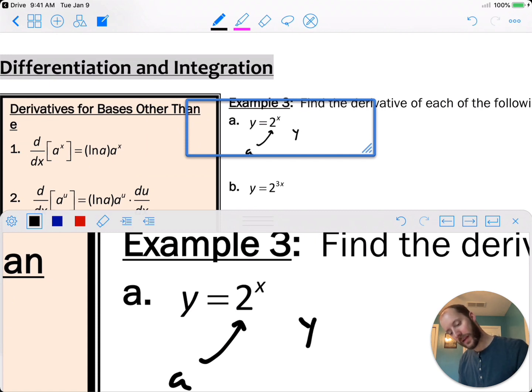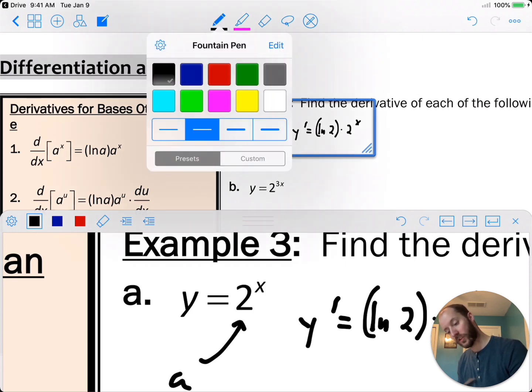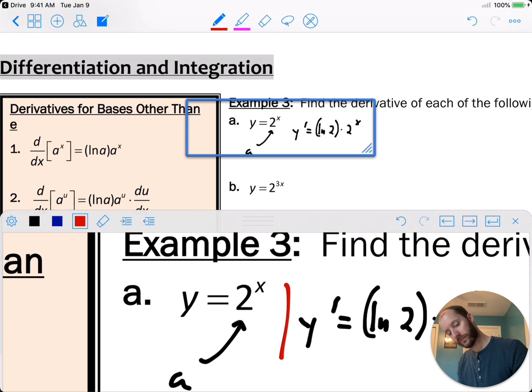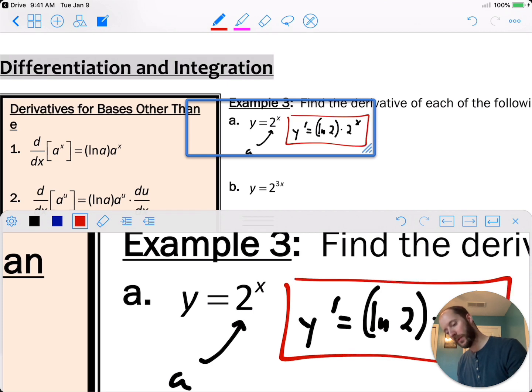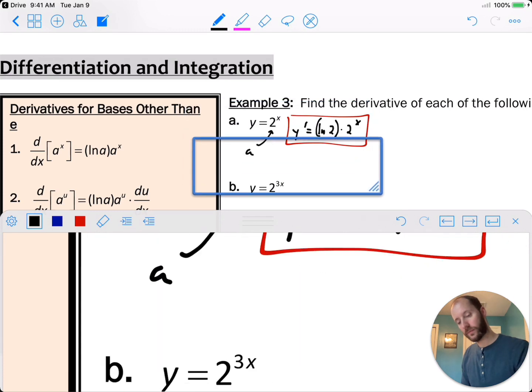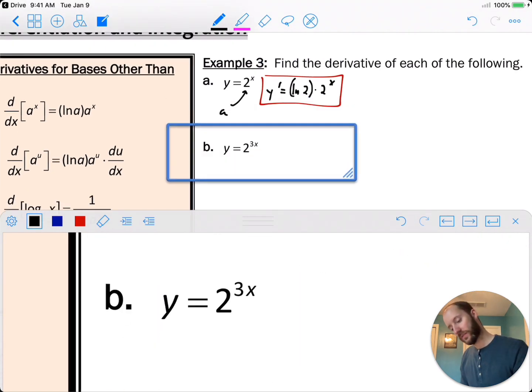So y prime is ln of 2 times 2 to the x. There we go, just kind of straightforward using the rule to get our answer.